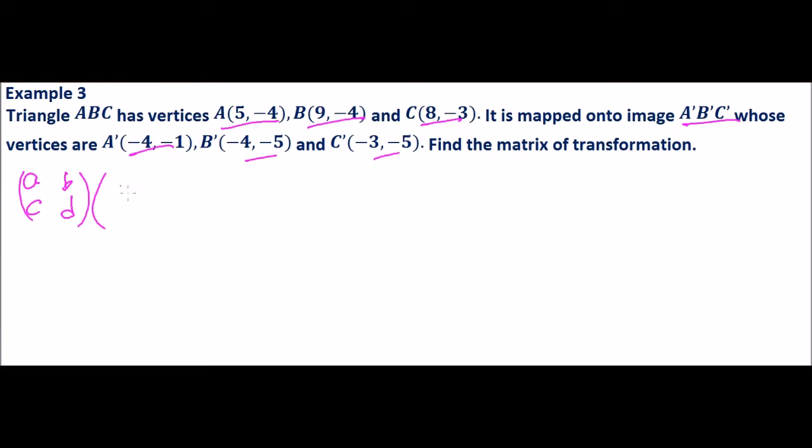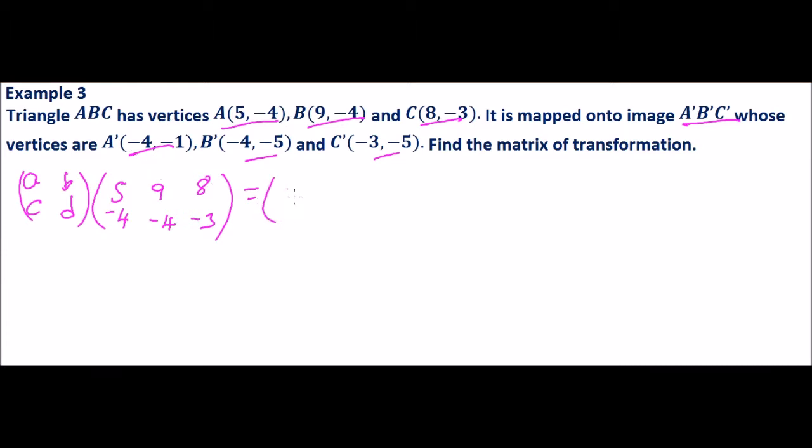When you do this, it is formed by the column vectors. Remember, these are A, B and C. This is A prime, B prime, and C prime.